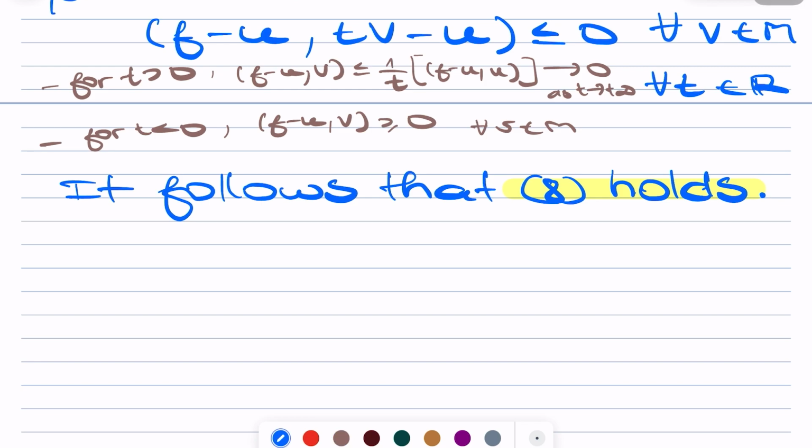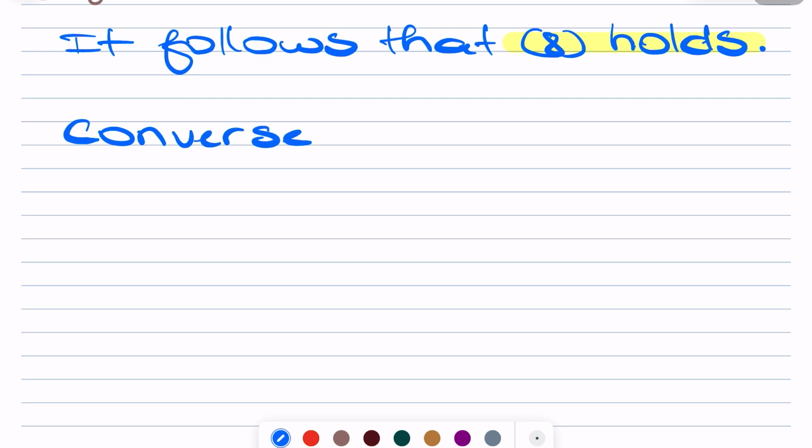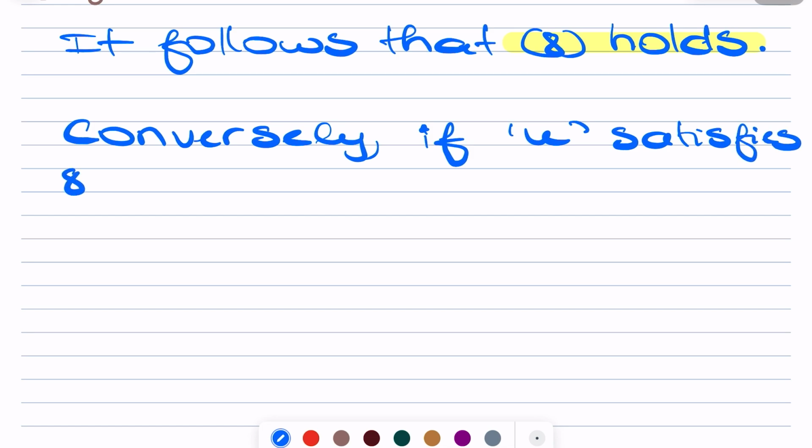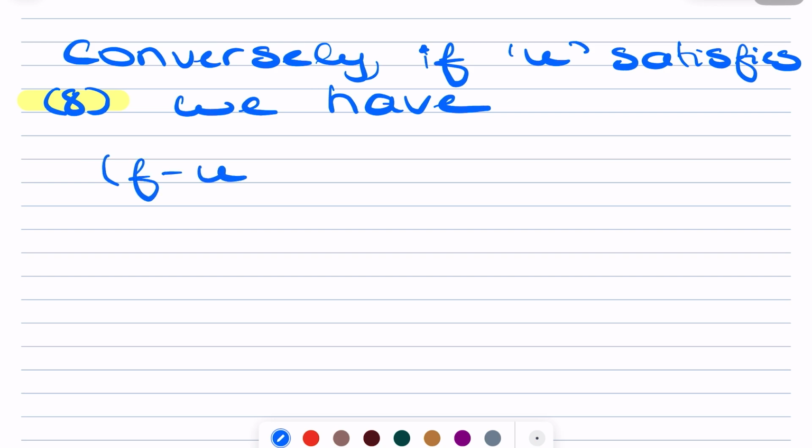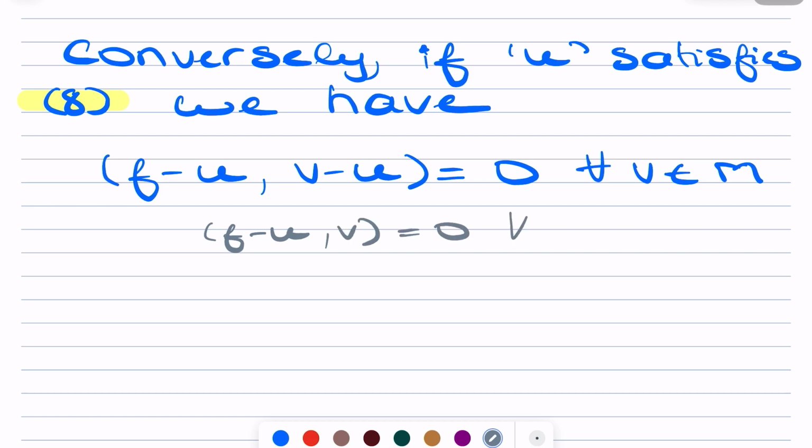Now conversely, if u satisfies (8), so if (8) holds, we have the scalar product of f minus u, v minus u equal to 0 for every v in M. Because saying that (8) holds means that the scalar product of f minus u comma v is equal to 0 for every v in M. But u is actually in M, so this also holds with v being replaced by u, and therefore the difference is 0.